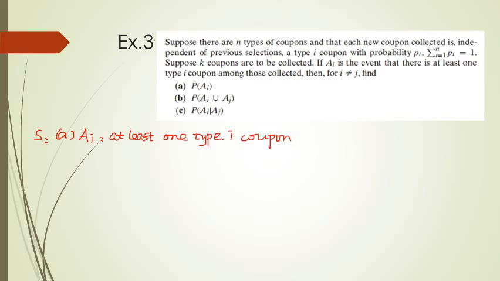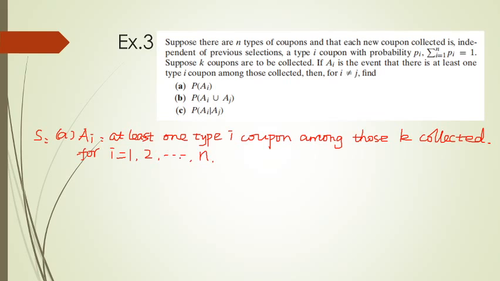At least one type i coupon among those k collected. And we know i can be 1, 2, until n, right?